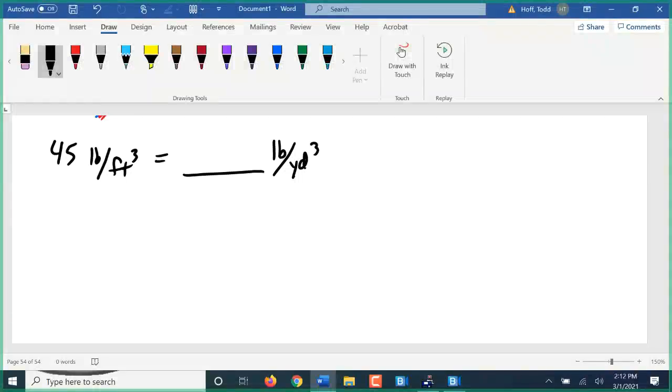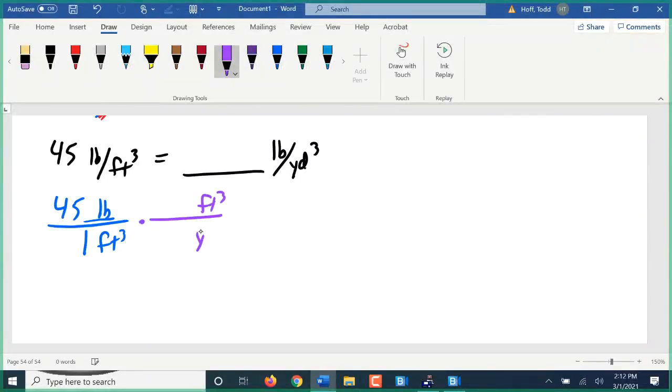I'm only changing one of the units here. 45 pounds, 1 cubic foot. And I want to change the cubic foot to cubic yards. So I put cubic feet on top, cubic yards on bottom, so that the cubic feet will cancel out.